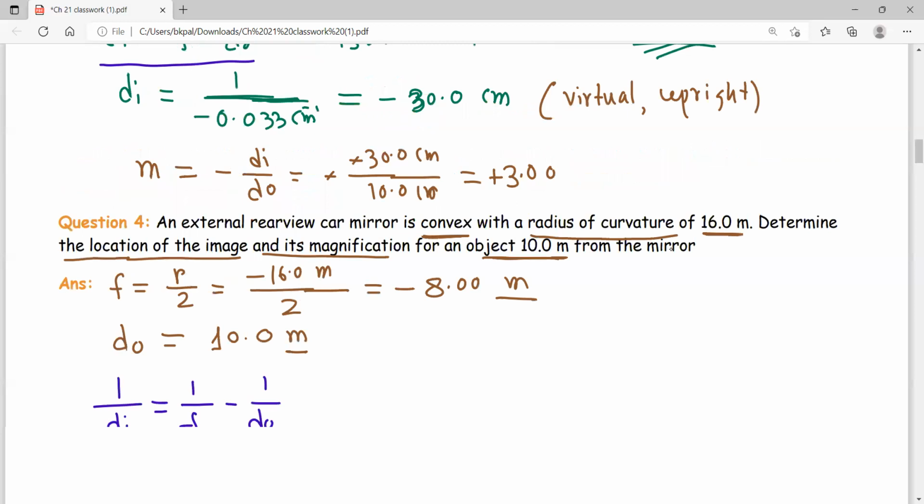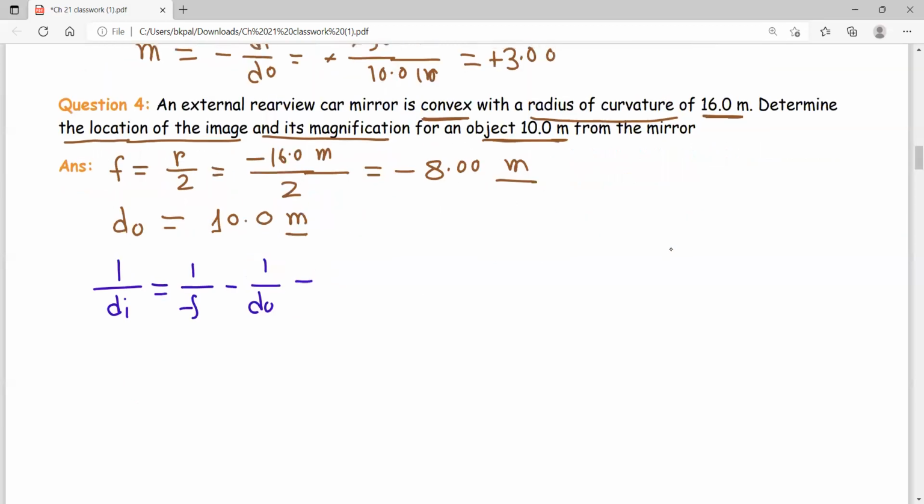So here f is 1 over negative 8 meter, and do is 10 meter. If I do this math, it should give me something like minus 0.225 inverse meter.